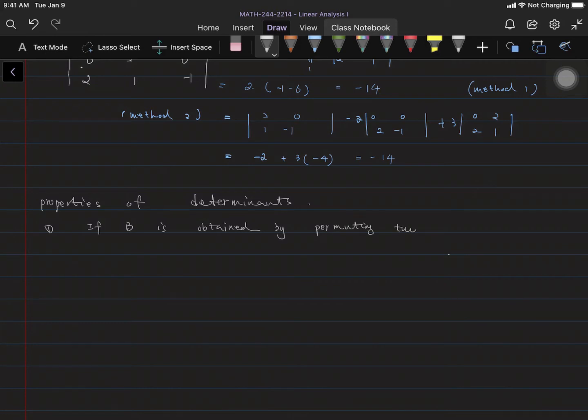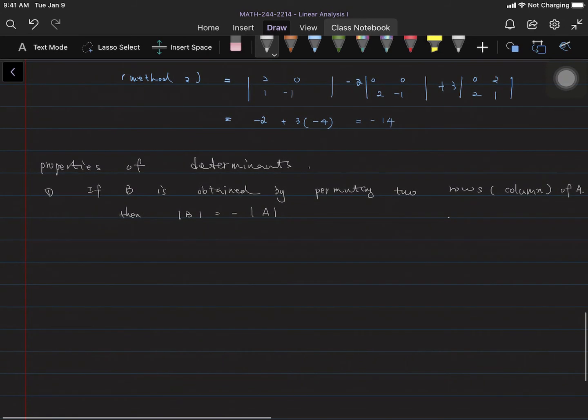Permuting 2 rows, same for the column. If we change the order of 2 columns of matrix A, then the determinant of B is negative determinant of A. So that means when we permute 2 rows or 2 columns, we need to change the sign of the determinant.